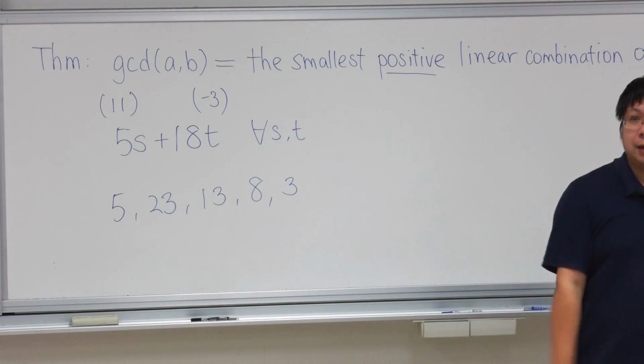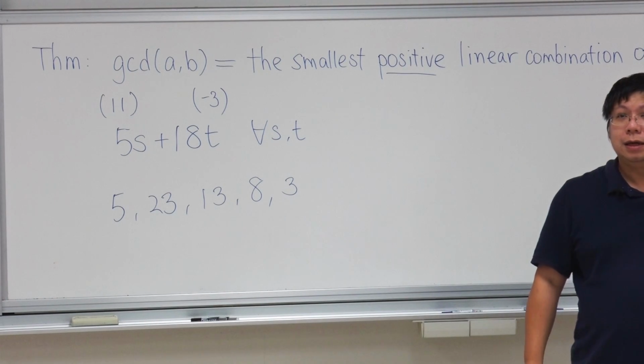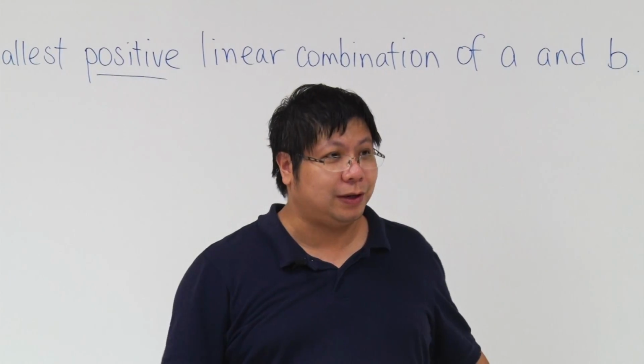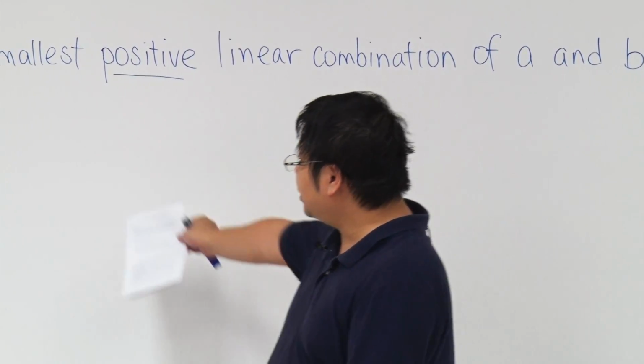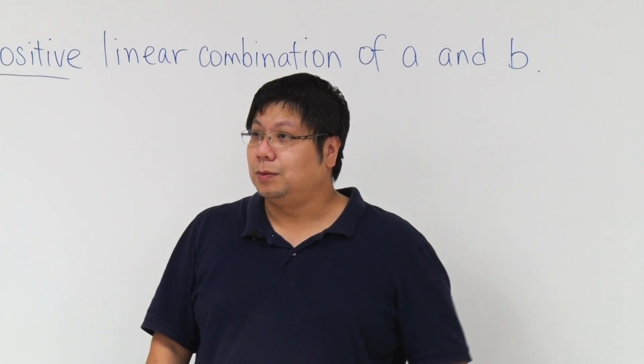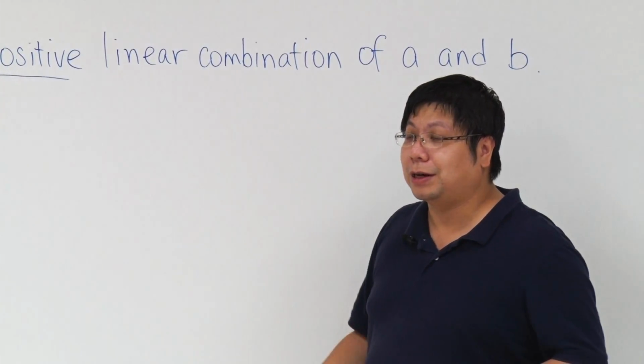So after adding them up, we get 1. And then we know that we don't need to check anymore, because 1 has to be the smallest positive integer. So in that case, the GCD of 5 and 18 is equal to 1. Well, strange, right? Very, very strange result.